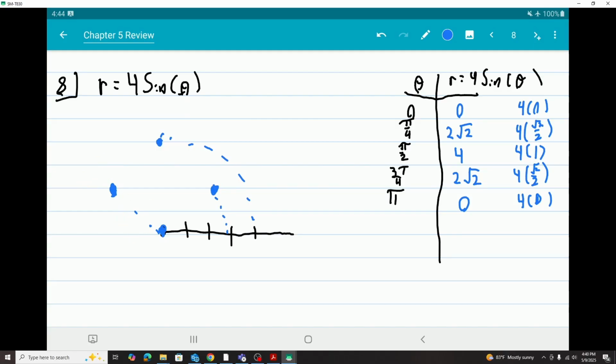And now I remembered it was supposed to be some sort of circle, maybe not exactly what it looked like. But with all the information I have now, I can put all the pieces together and draw a circle like this. Again, we're not necessarily asking for perfection, just this is what this should look like. It turns out to be a circle with diameter 4 that sits on top of the x-axis.